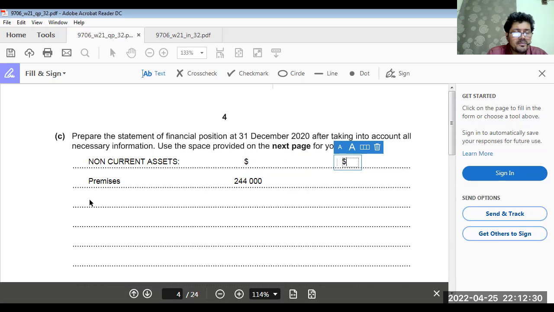Now, fixtures and fittings, we have to take on the carrying value. 27,600 minus 5,520. Okay.